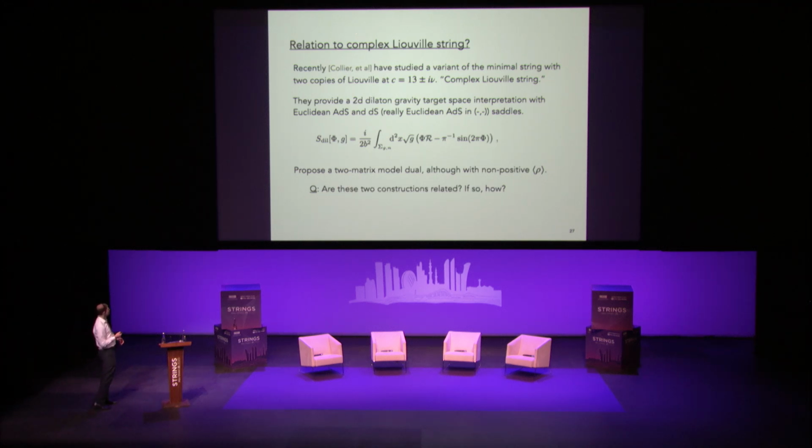And they argue this model has a 2D target space interpretation as a dilaton gravity with a sine potential that has AdS saddle points as well as de Sitter ones at the roots, alternating as you scan through the roots of sine. Basically because sine near a root behaves linearly, and then it looks like JT. They argue further that this has some two-matrix model dual, albeit with an oscillatory density of states.